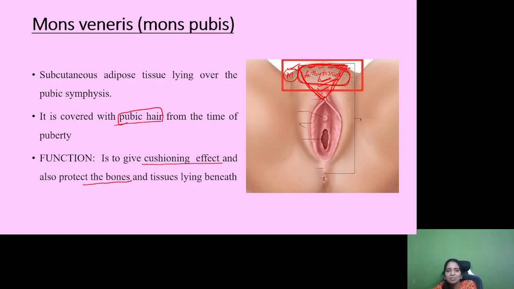Right. Next important thing is labia majora. As I showed in the previous slide, these are the two fold-like structures. You can see here, these are the two folds. This is the labia majora.